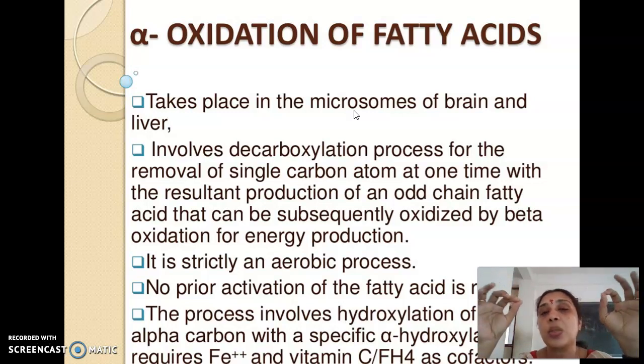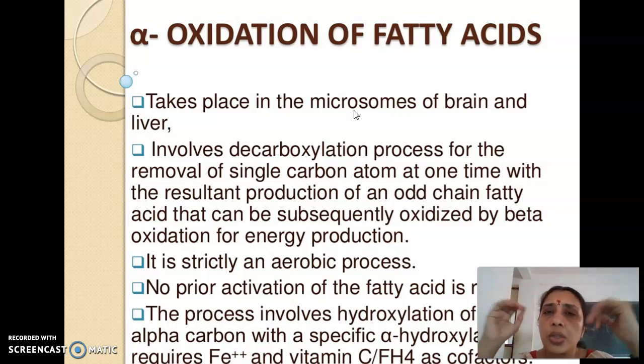In those fatty acids where the enzymes are not able to approach the bond lying between the alpha and the beta carbon atom, those fatty acids are subjected to alpha oxidation.